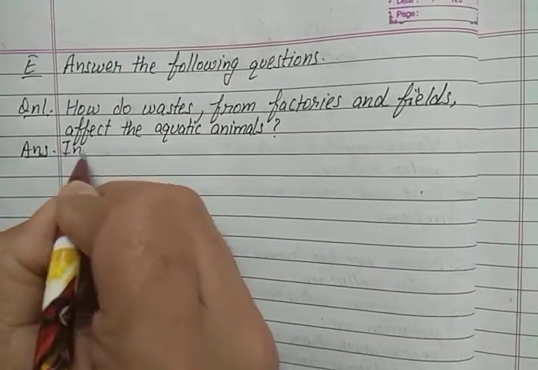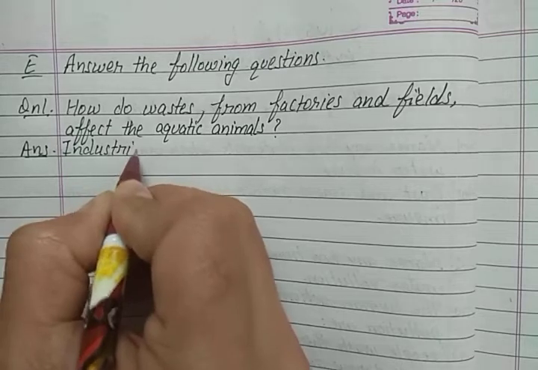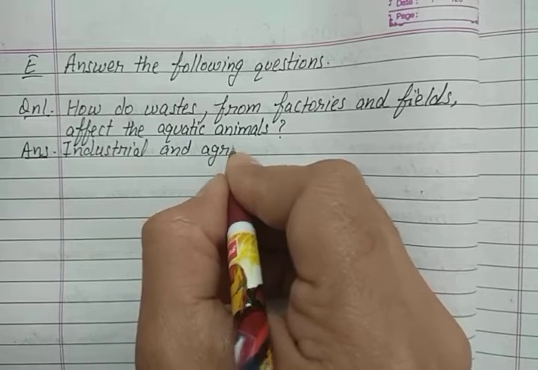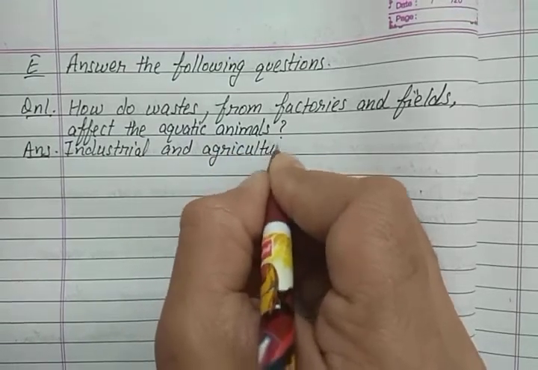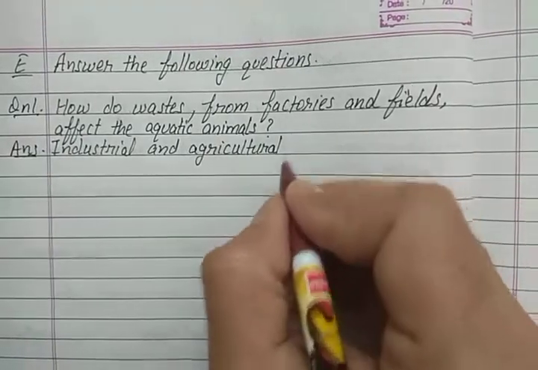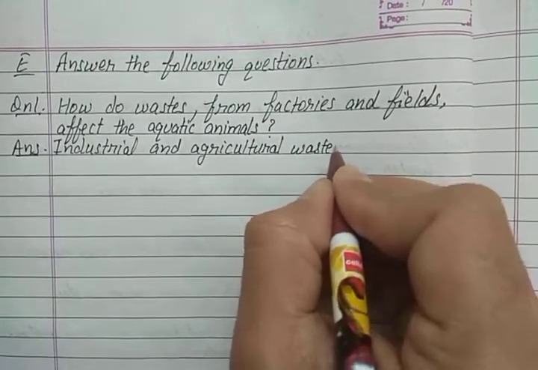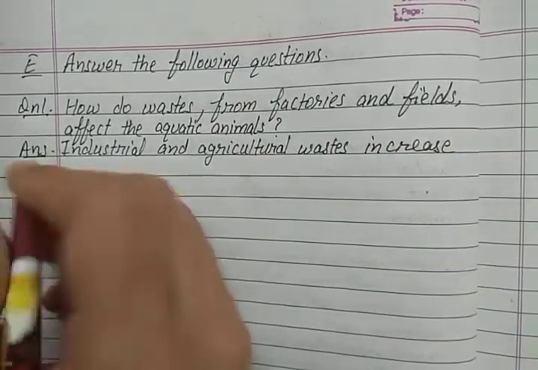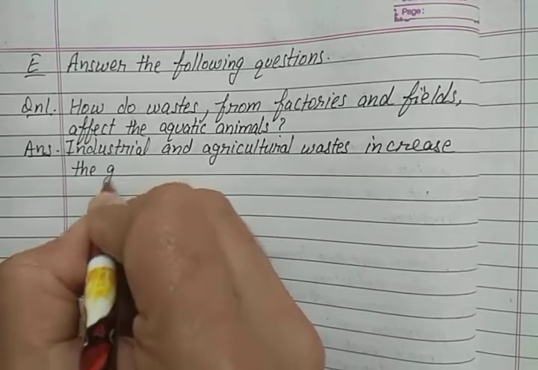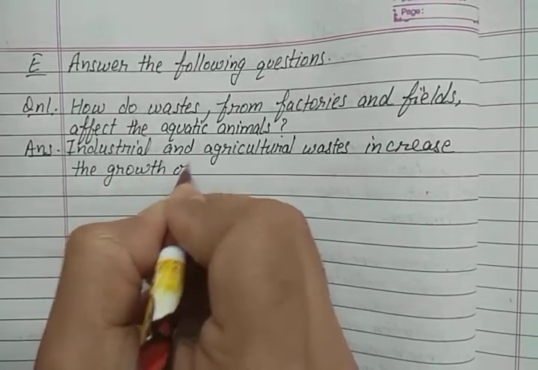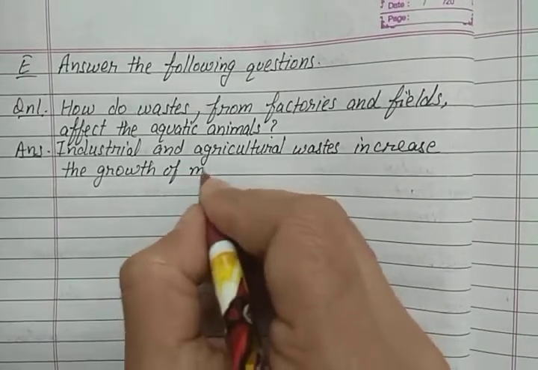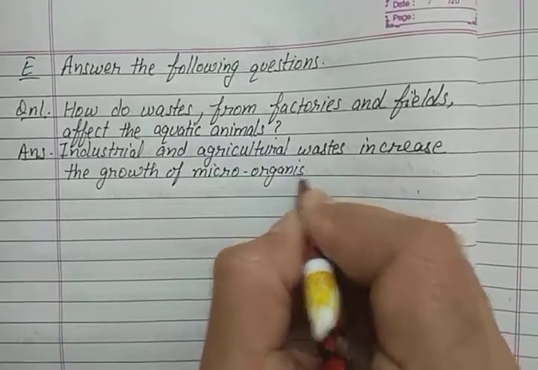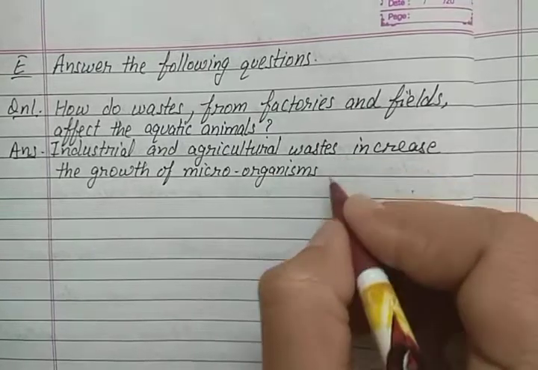Industrial and agricultural wastes increase the growth of microorganisms in water.